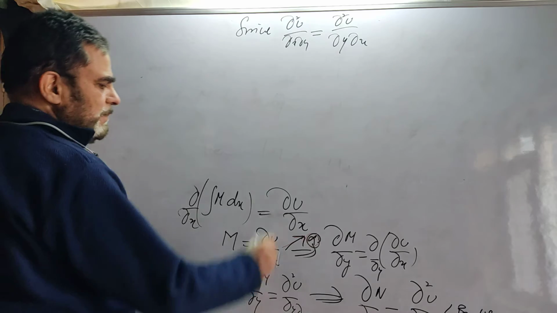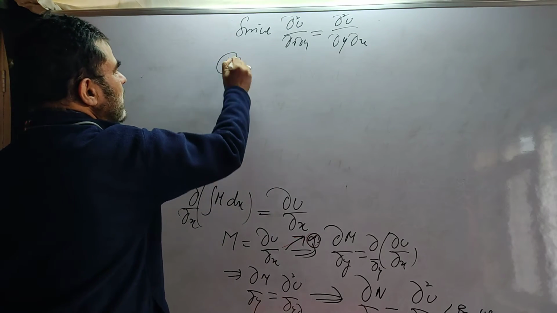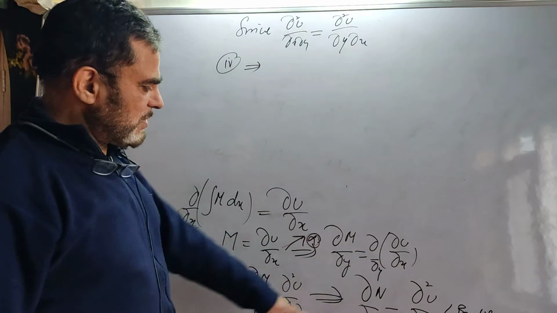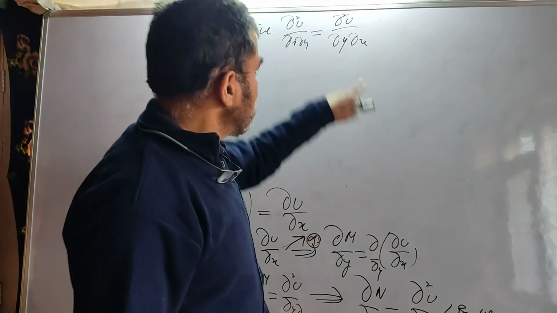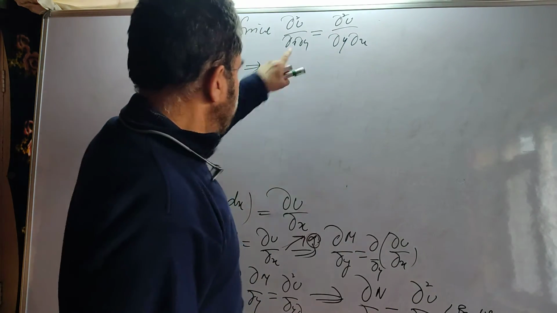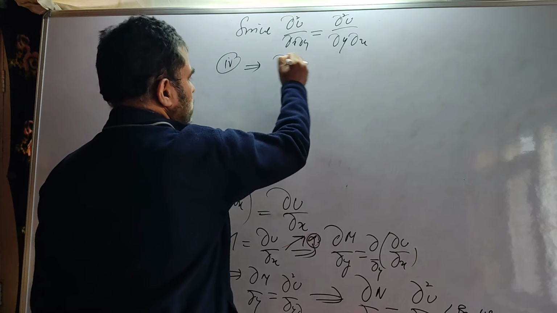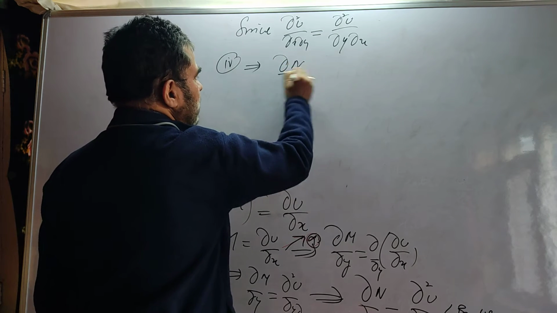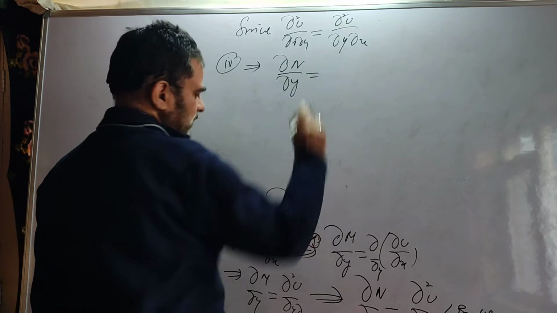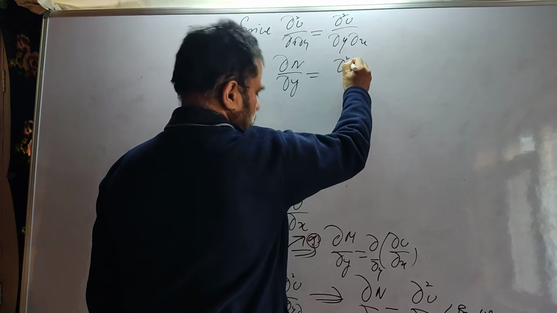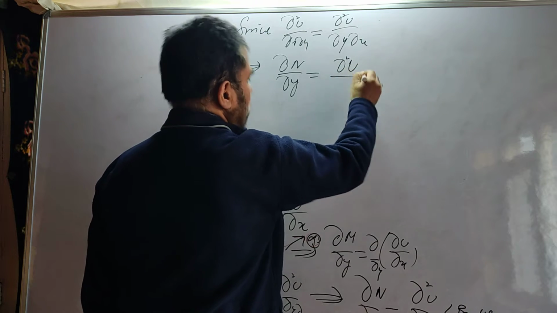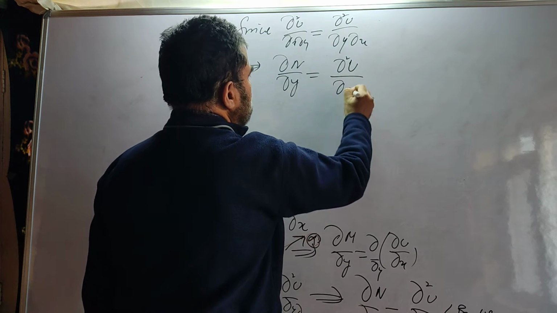So what does fourth imply? When we use this in fourth, instead of this I will write this now. So fourth implies partial of N with respect to y will be equal to dou 2u by dou x dou y.